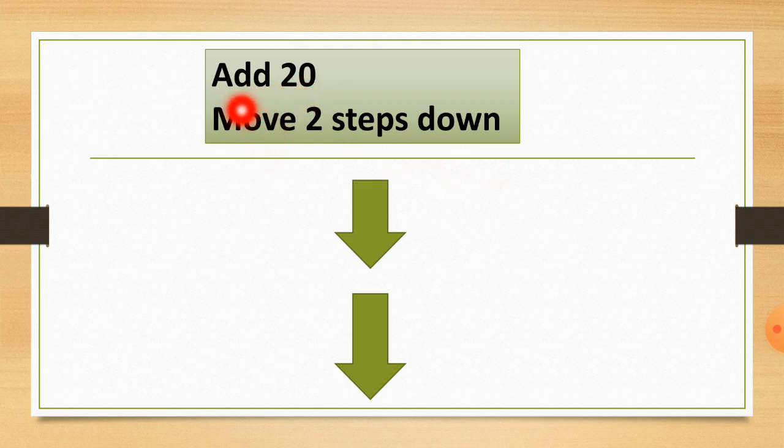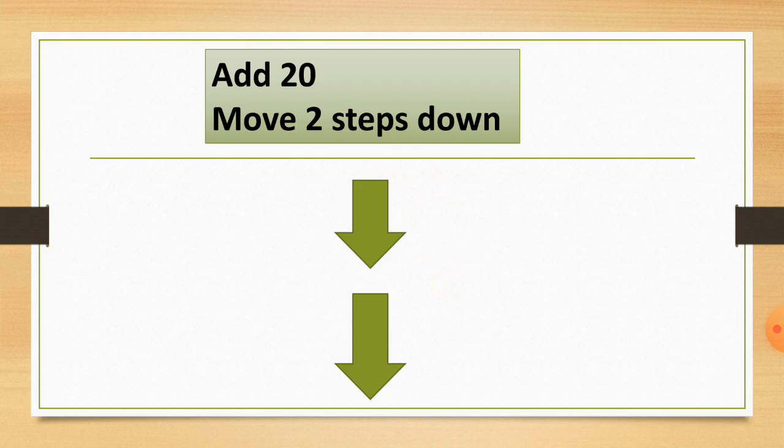If you want to add 20, you have to move 2 steps down. You can see this, you have to go 2 steps down, and 20 will be added. In the previous lecture we saw that to add 10 we move just 1 step down, but to add 20 you have to move 2 steps down.